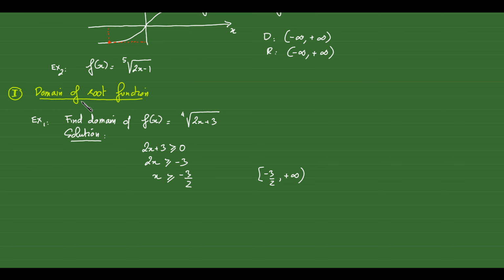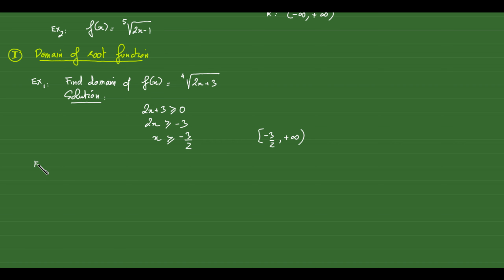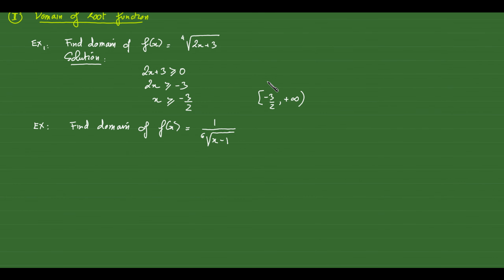In the second example, I'm going to put the radical under the denominator. Find the domain of f(x) equal to 1 over the sixth root of x minus 1. As you know, we can only take an even root of a positive number or 0.